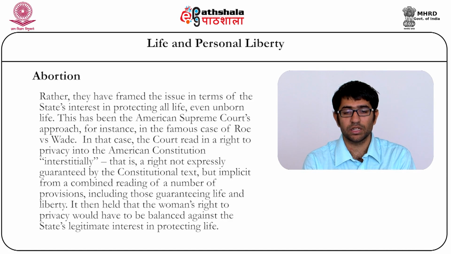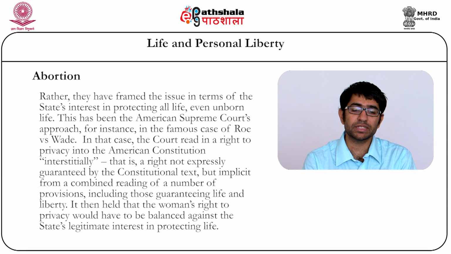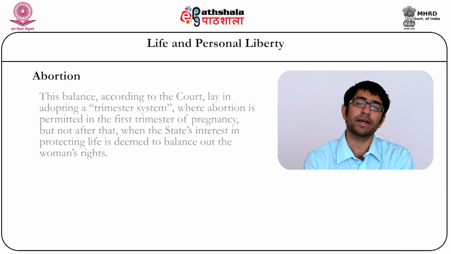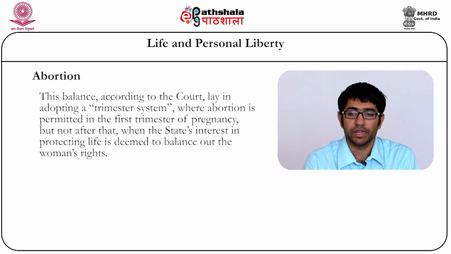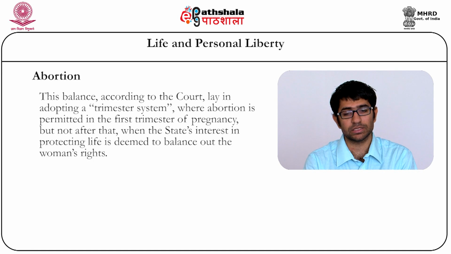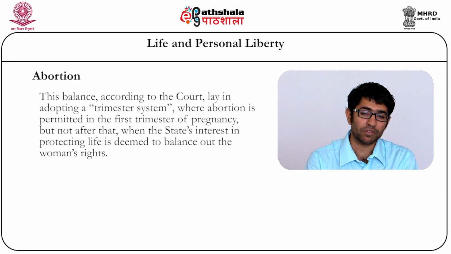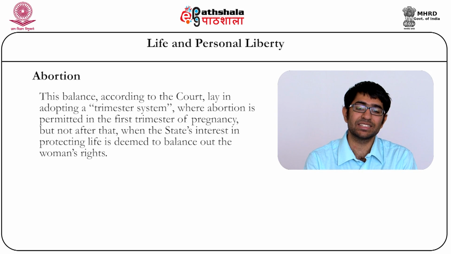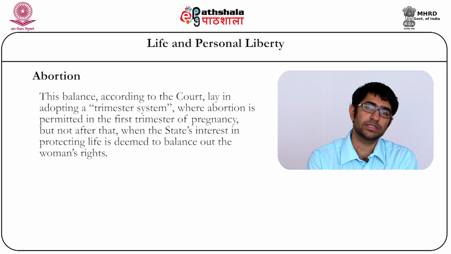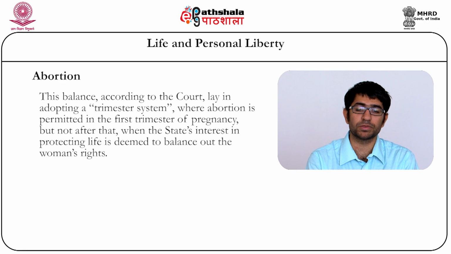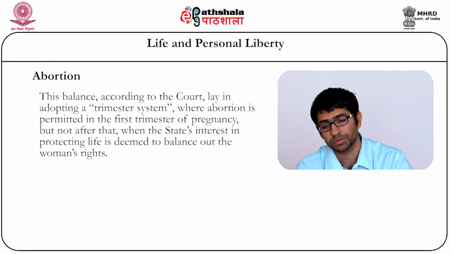It then held that the woman's right to privacy would have to be balanced against the state's legitimate interest in protecting life. This balance, according to the court, lay in adopting a trimester system where abortion is permitted in the first trimester of pregnancy, but regulated after that when the state's interest in protecting life is deemed to either balance out the woman's rights or to override it.